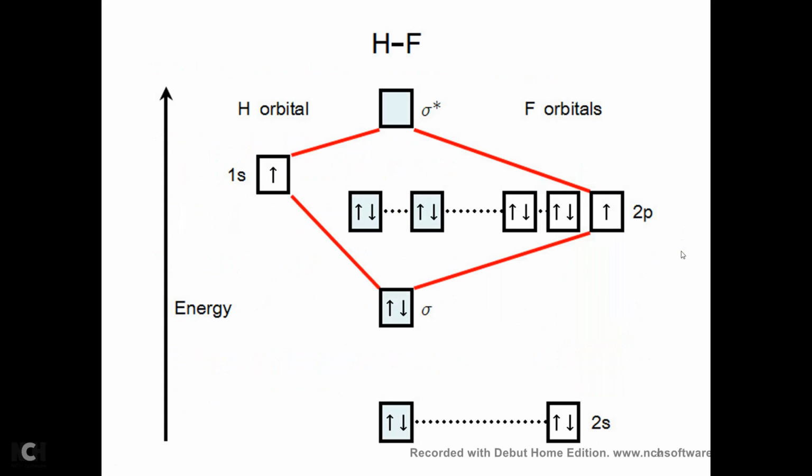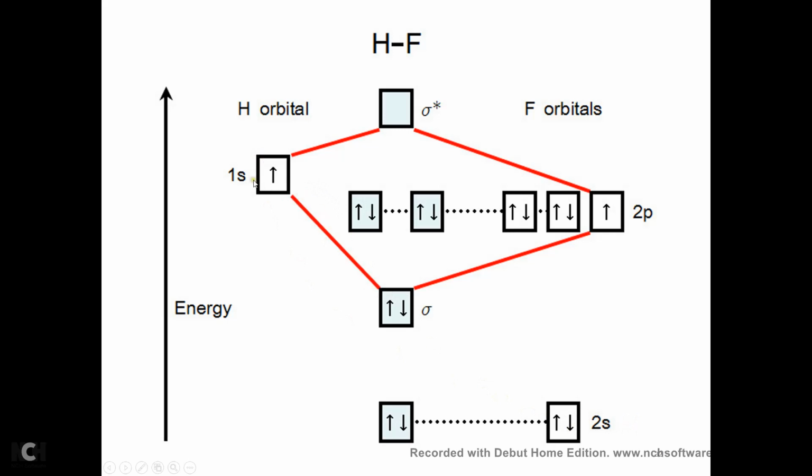Now let's look at hydrogen fluoride. Again, you need to have two interacting atomic orbitals with similar energies. So I'd say this 1s orbital, in theory, can interact with this 2s orbital, but the energy difference is significant.